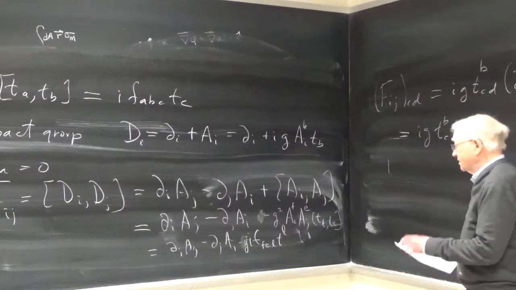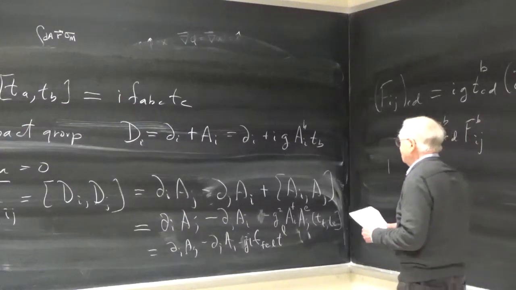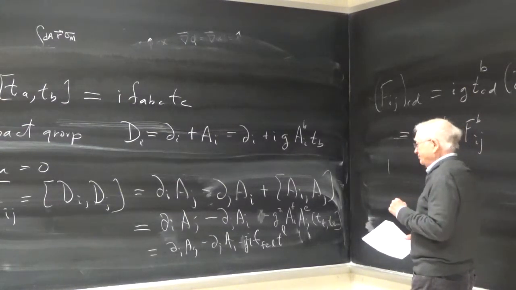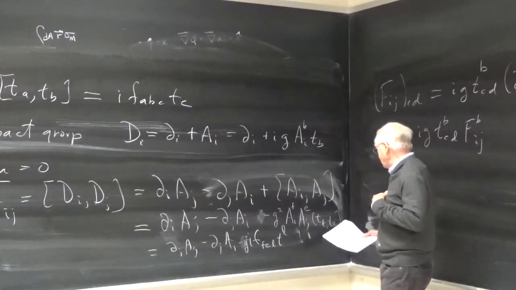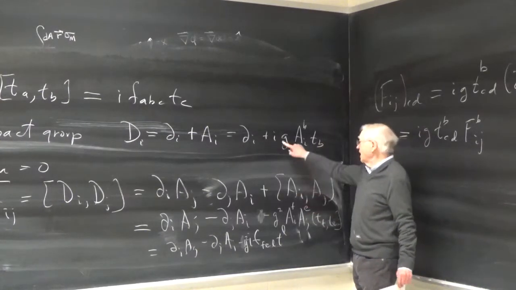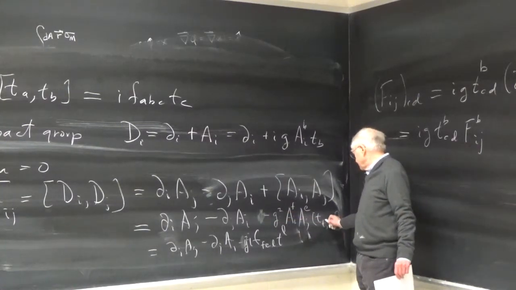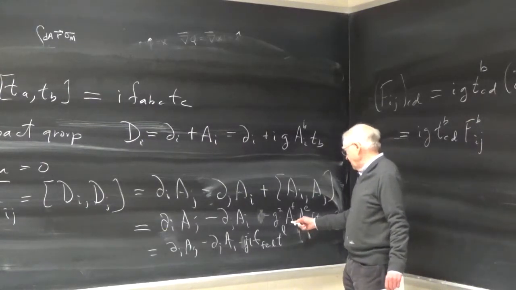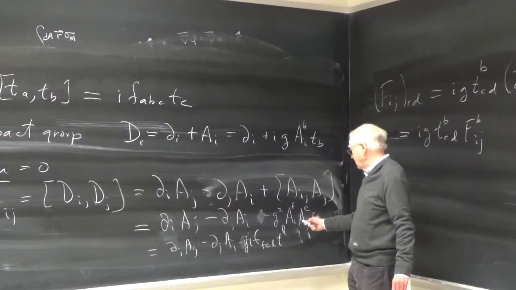I don't know, I might have made a mistake. Anyway, I'm pretty sick. There's an extra i and a g, as we have minus g squared. Then T^F T^E is i f^{FEL} T^L.